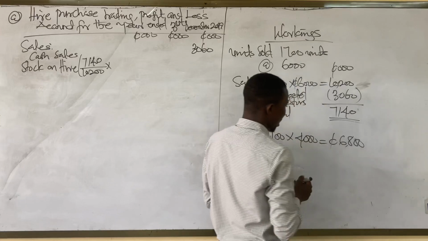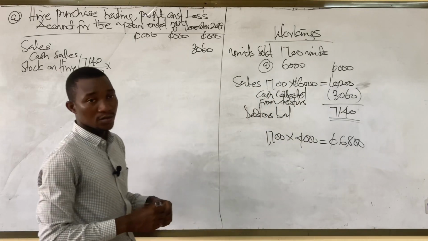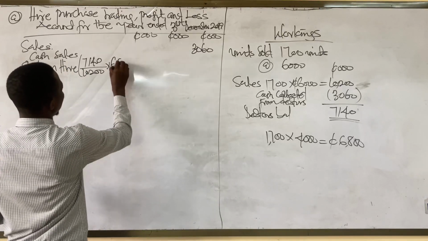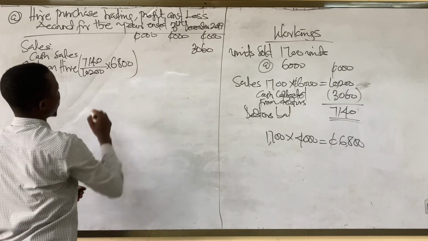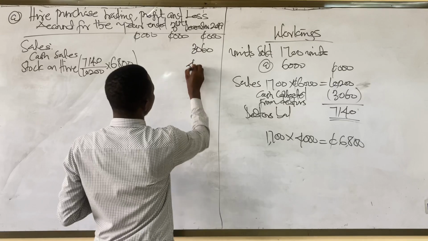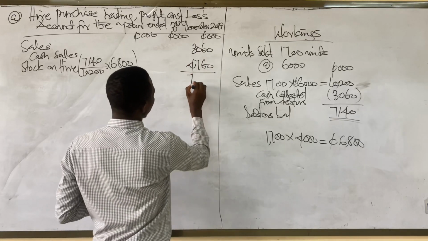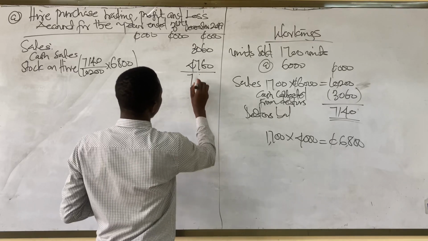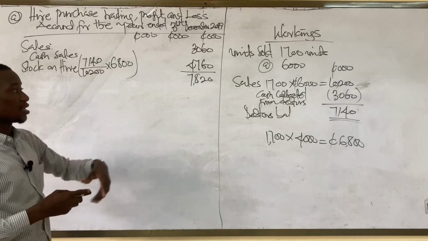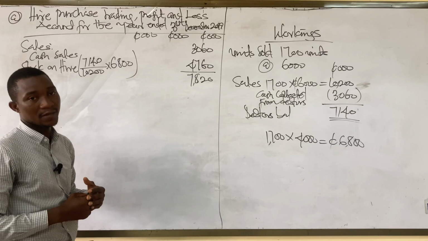But because 3 zeros are up, we have 6,800 as the cost of the hire purchase goods sold. So we represent here by 6,800. So when you punch this on your calculator, it will give you 4,760. So we add these two, and it will give us 7,820. So this becomes the total sales that we will be taking out the total cost of sales to determine our gross profit. Is that okay?